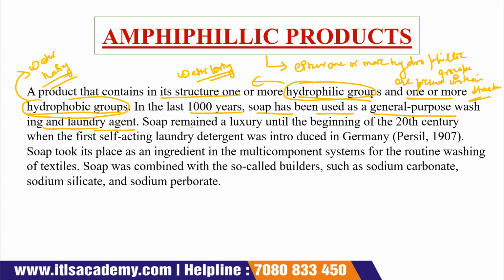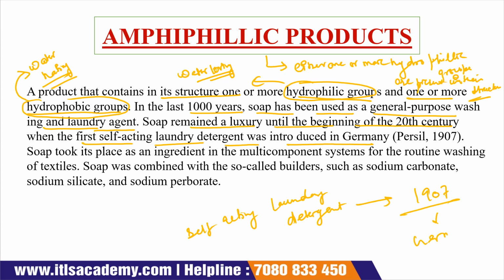But soap remained a luxury until the beginning of the 20th century, which we already discussed in our previous lecture, when the self-acting laundry detergent was introduced in Germany in 1907.